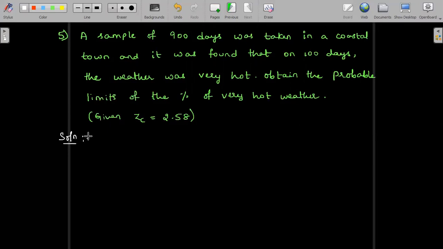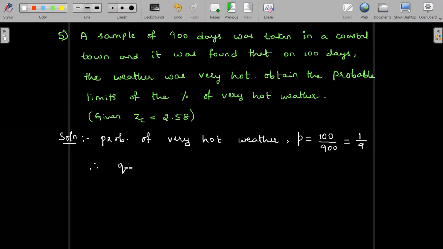So probability of very hot weather is 100 days out of 900. So we will write down P first. Probability of very hot weather is P equal to 100 out of 900, which is 1 by 9.